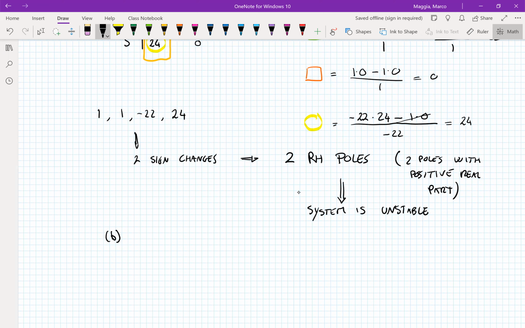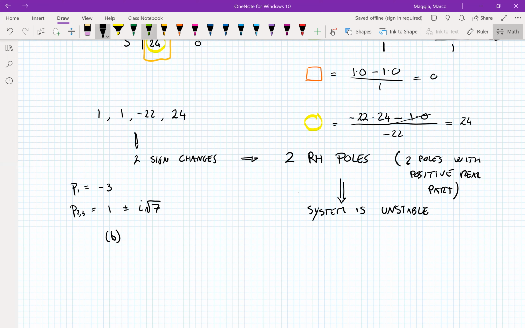You can actually check the poles. You can compute the poles directly to verify whether your stability assessment is correct or not. So we can compute the poles of the system directly, and you'll find that P1 is equal to minus 3, and P2 and P3 are equal to plus 1, plus or minus i square root of 7.